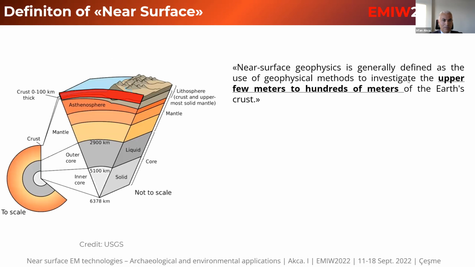So in SEG's one of the papers, it's defined as the upper few meters to 100 of meters of the Earth's crust is defined as near surface. As you know, we are trying to explore the whole diameter of the Earth. So the near surface is a very, very small portion of the Earth's crust compared to the whole globe.